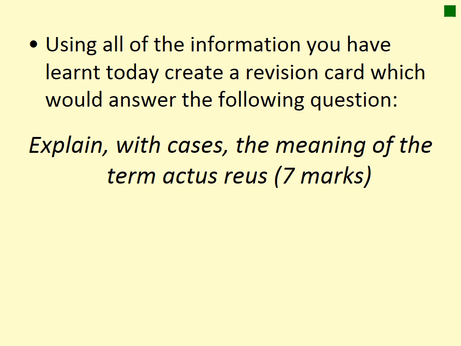This is a 7-mark question, and it requires you to define actus reus, explain that it is usually voluntary with the case of Hill and Baxter, and it's usually a positive action. But then you're going to be able to illustrate where it's not voluntary, as in your state of affairs crimes, and your 3 omissions categories. And this is a 7-mark answer.